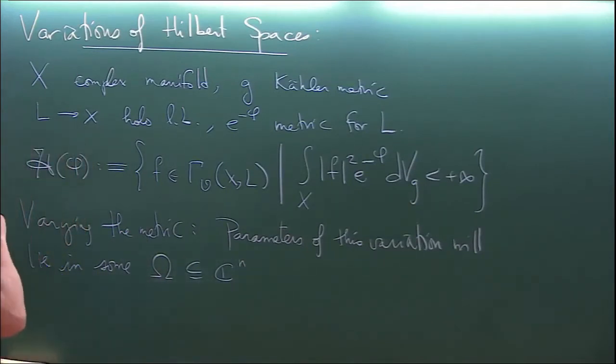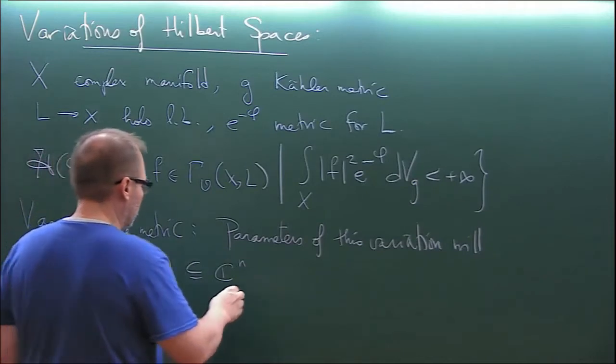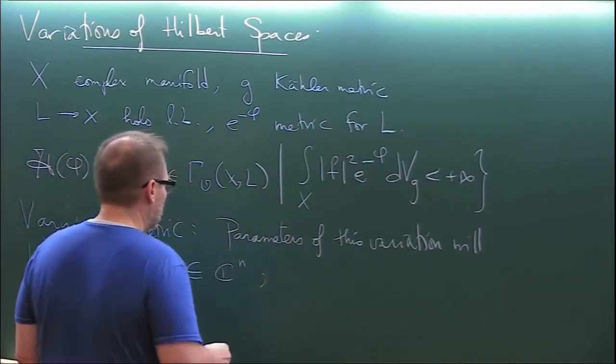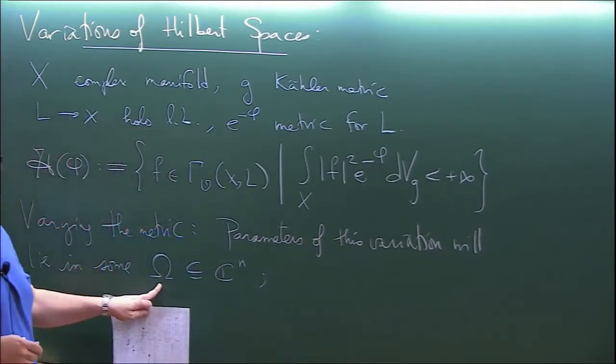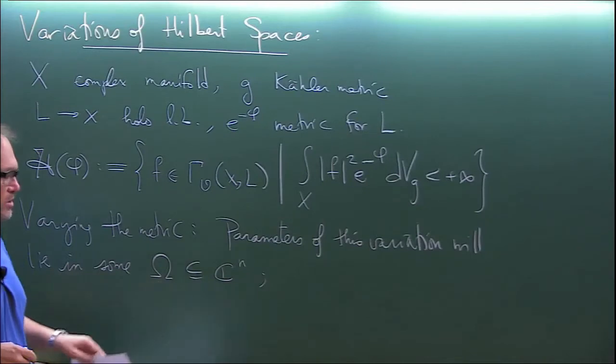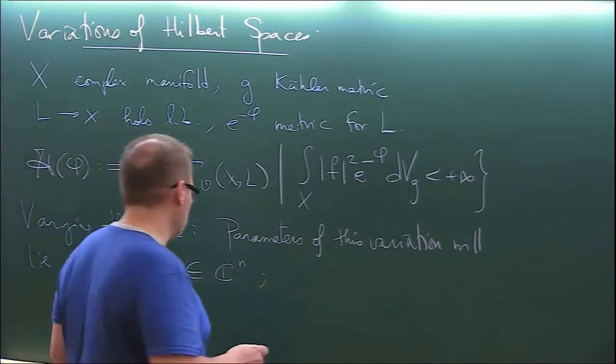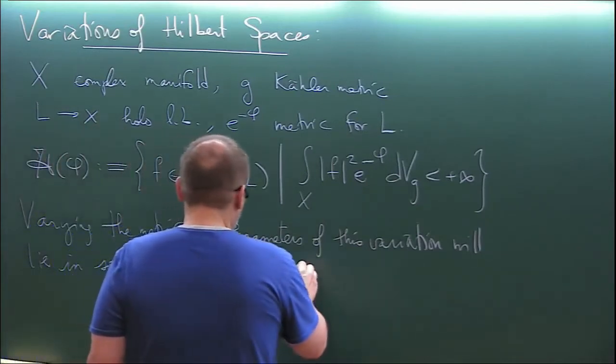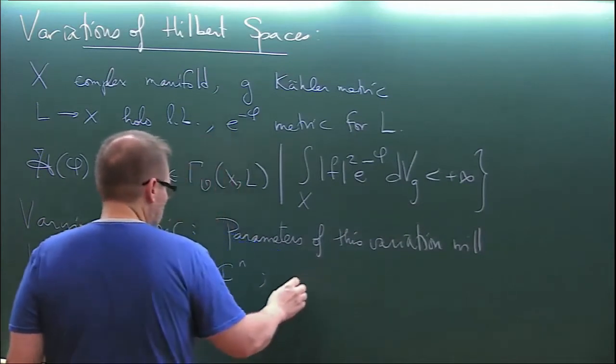Okay. So what does it mean to have a variation of metrics? Well, it's a family of metrics depending on a variable in omega. You could define that directly, but I'm going to do something which, as I said, looks a little strange, but later you'll see why. So here's the definition.